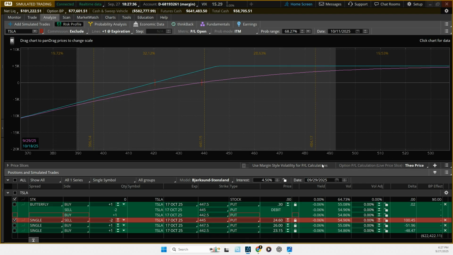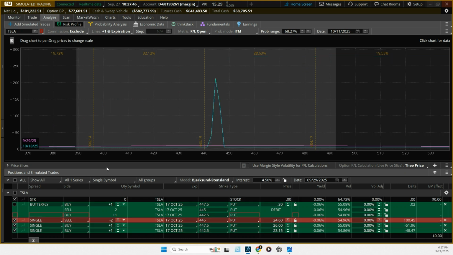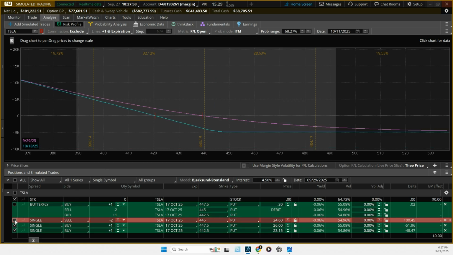And then there's a lot of things you can do with it from there. But this is one of the biggest revelations that was revealed to me, separating the different legs when constructing theoretical option trades in a risk profile. So that way we can look at, well, what if we closed those short puts and we were just left with the two long puts.